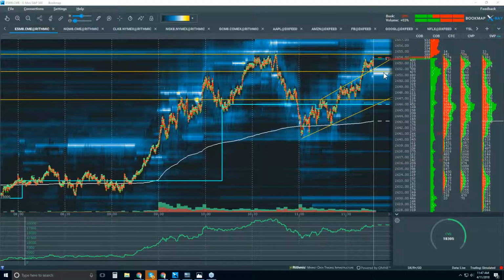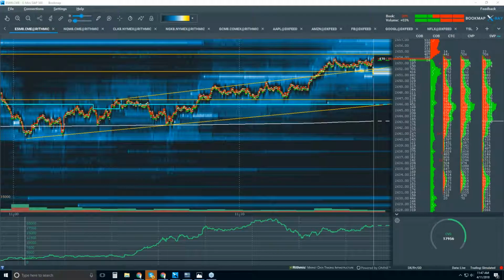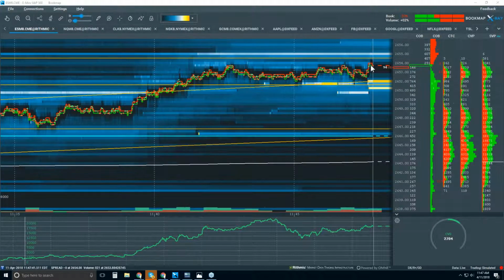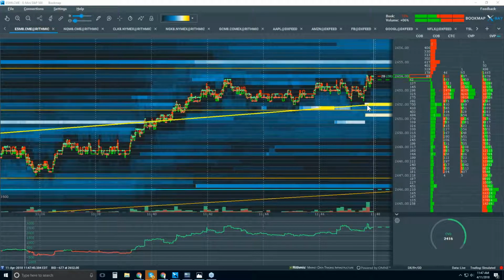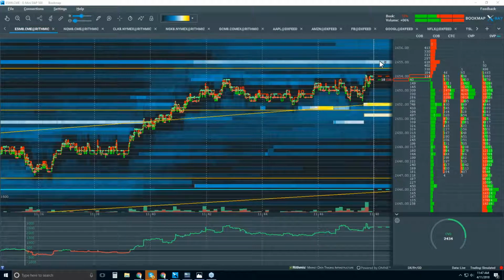Okay, and note the skew here. Note the skew that's just coming in here as well, just now, right? This skew looks really good, right? And we see the reaction to it. Okay, that looks like they come in and we find the buyers. Let's get to 55 now.